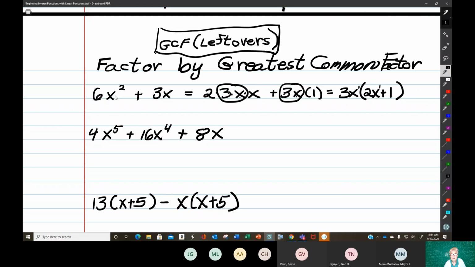And I've got that. Then I would take the 3x and multiply it by the plus 1, and that would give me plus 3x. So by doing that quick check, I've learned that I factored this correctly, because you always need to get back where you started. If you factored correctly, you can always get back to where you started.